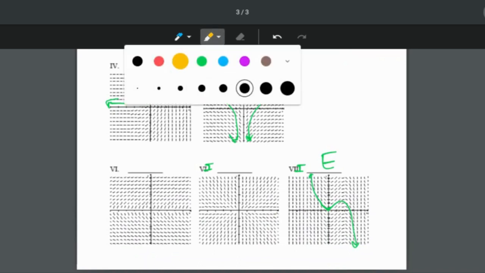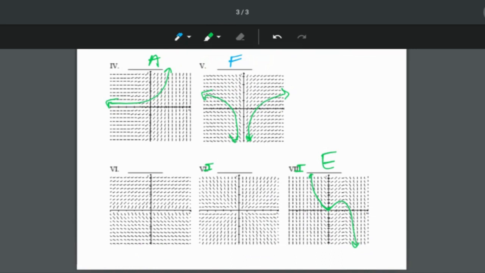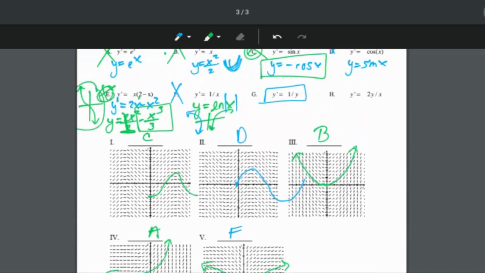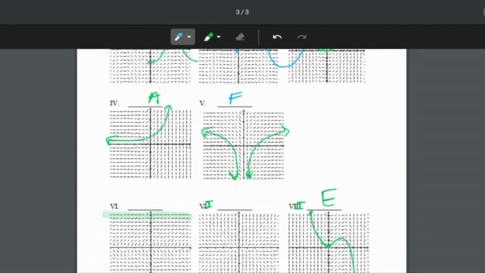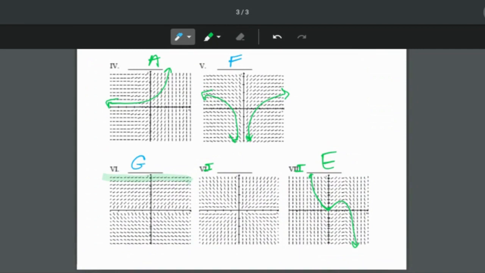It's like all the way across, those all have the same y value, and they're the same slope. So that would be the one that only involves y. That would be G right here. So you could tell quickly without doing much thinking. And then the last one is probably the one that's left over.